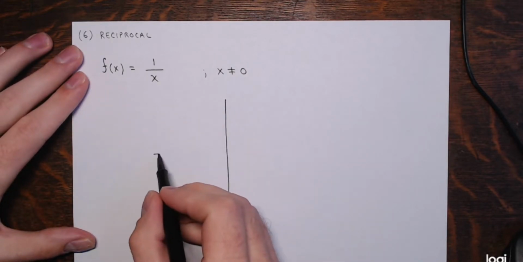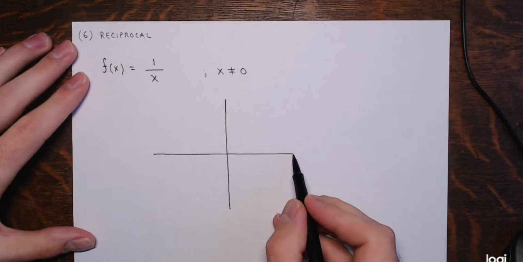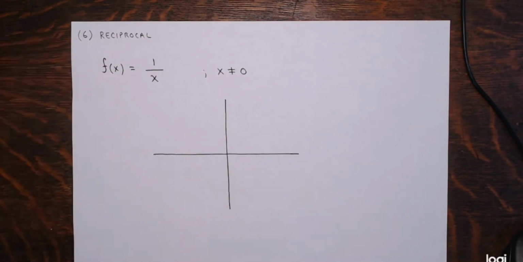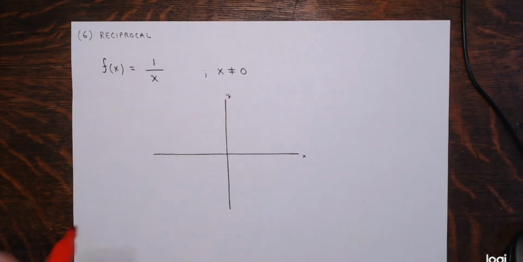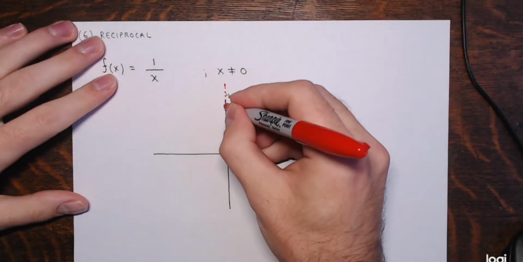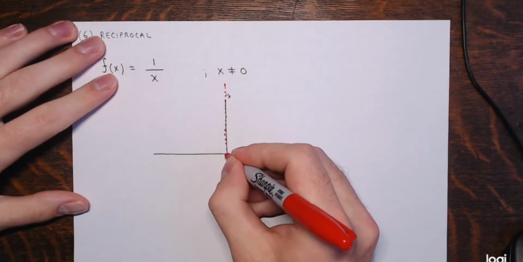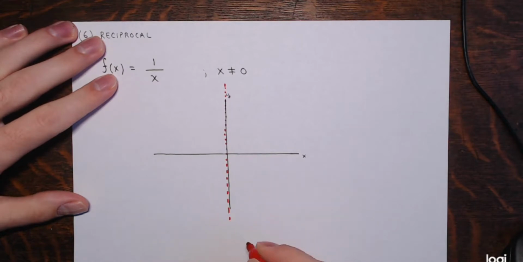So what we're going to see is that this graph's going to have a couple lines called asymptotes. The x-axis and the y-axis. I'll put little dashes on them. We're going to see the y-axis is what they call a vertical asymptote for this graph.